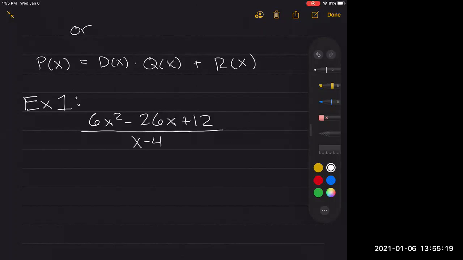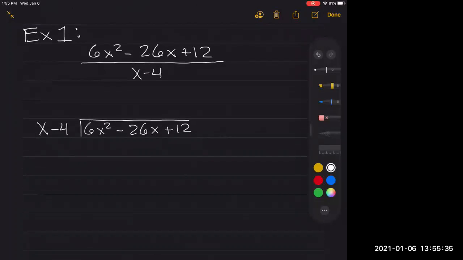We're going to put the divisor over here, x minus 4, and it's getting divided into 6x squared minus 26x plus 12. All right, so first, we're going to divide the leading term of the dividend by the first term of the divisor. So here we have this 6x squared, and we're going to divide that by x. So we have 6x squared divided by x equals 6x.